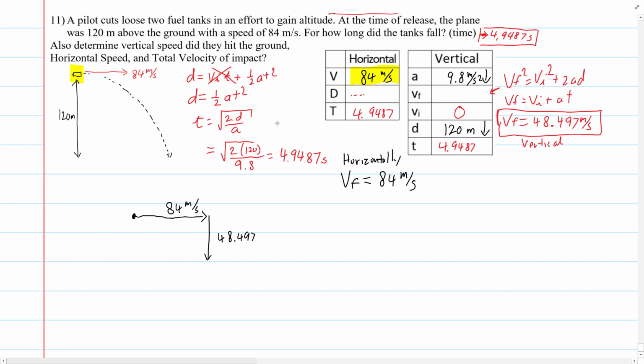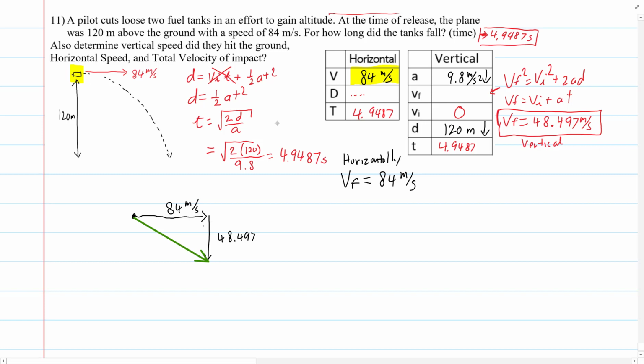And let's draw what that final vector is going to look like. That's it. So that green arrow is what we have to describe. How do we calculate that?